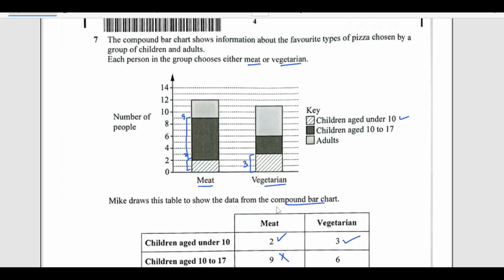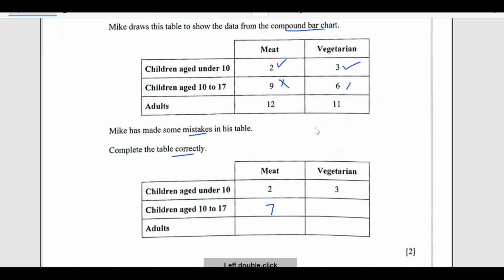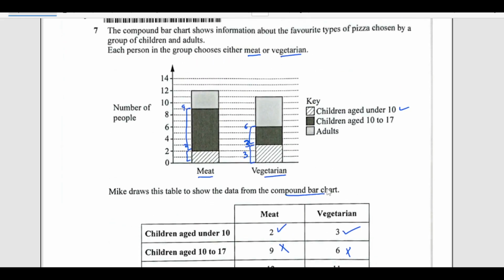Then we do the same for the vegetarian from here to here. This one here is 6, and this is 3. So 6 minus 3 should be 3. This is also wrong, so we should have 3 here. Now for adults, this gray part from here to here is adult.